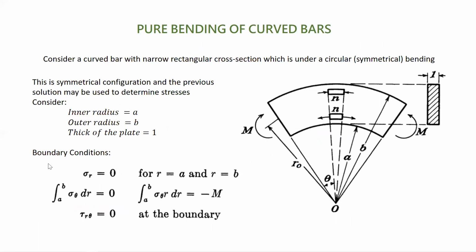And then we came to the specific case of a pure bending. This is just like the previous problem, right? Except instead of a full circle, we have an angle, a segment of that circle.